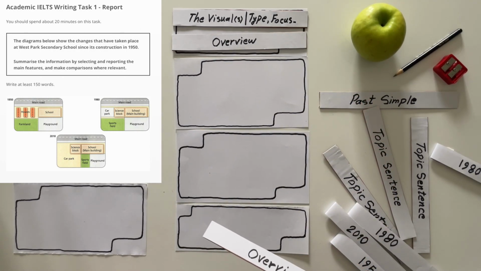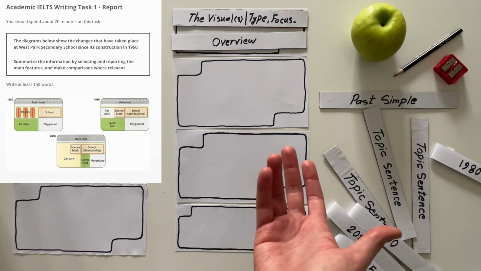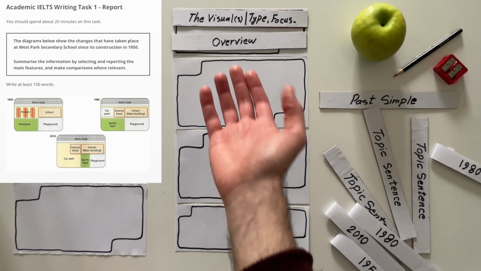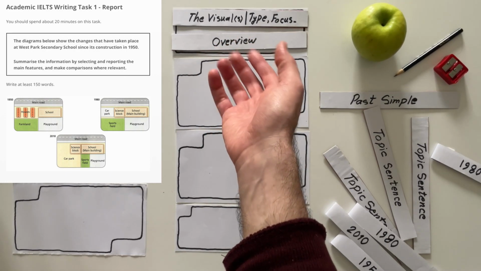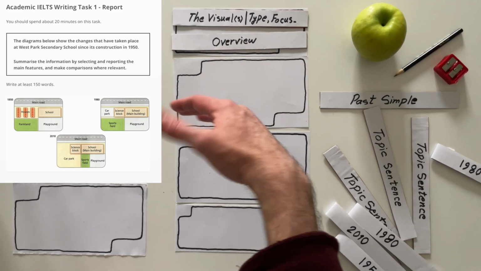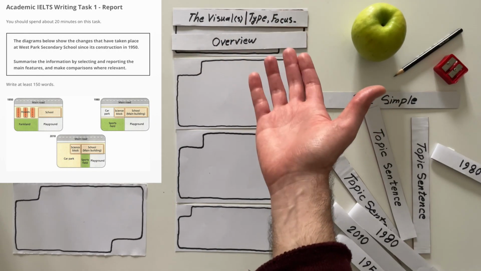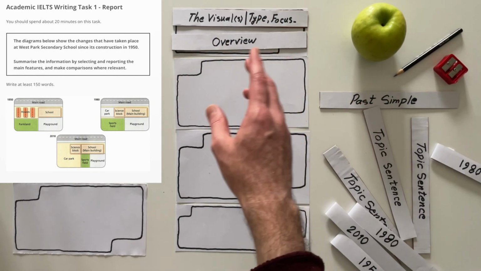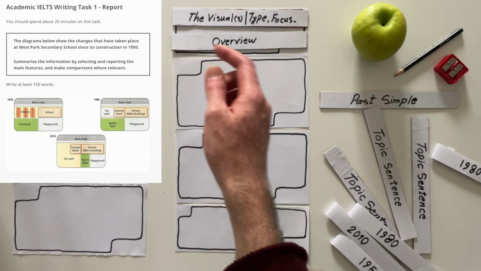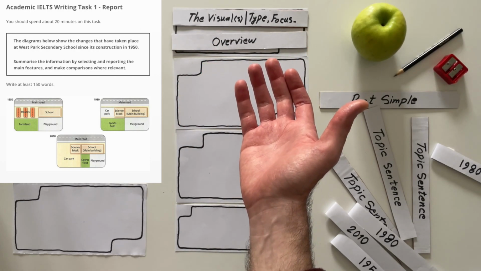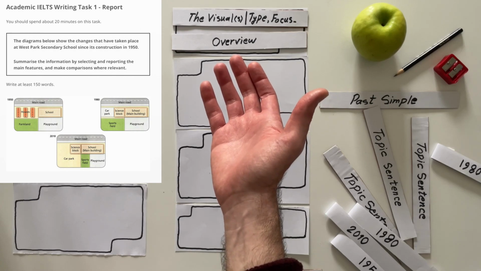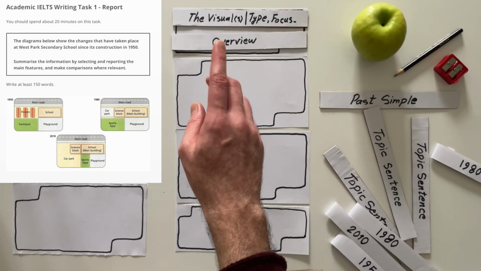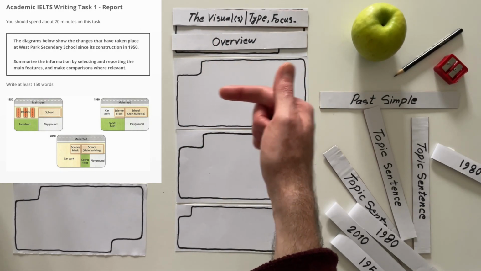And you may even come up with something more detailed. Something like, well, there used to be houses, or when the school was constructed in 1950, as it is stated in this rubric here, well, there were houses to its, again, north, east, west.